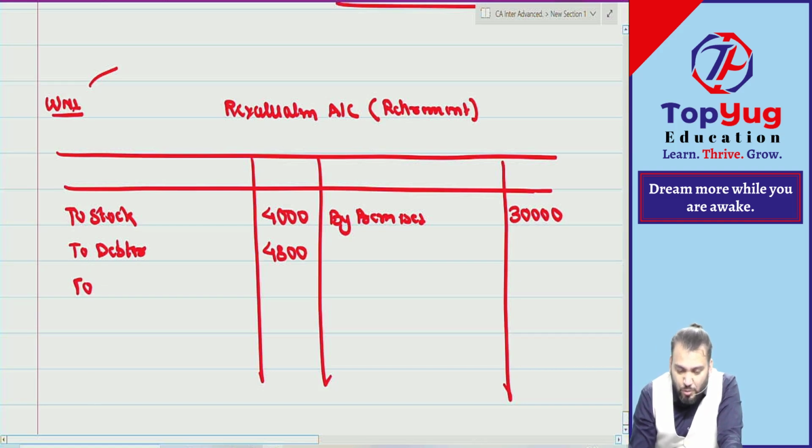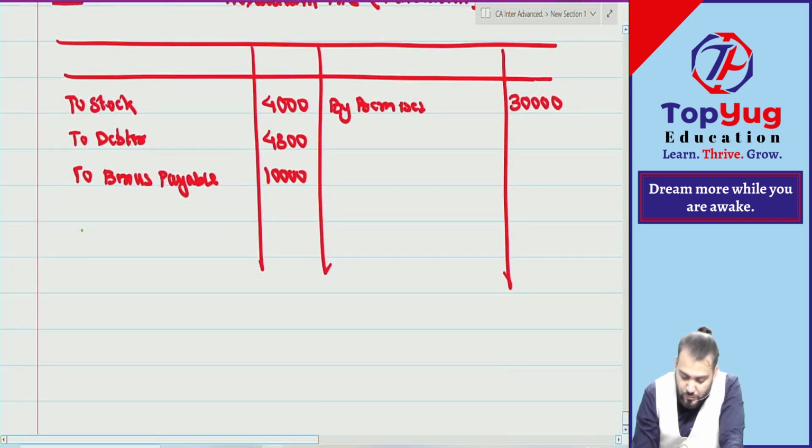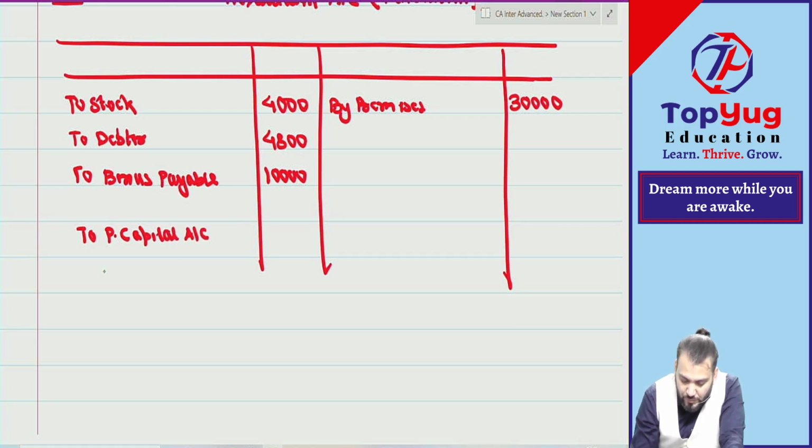Unrecorded liability means bonus payable. That is, bonus payable will be recorded. So an increase in liability means loss. How much? 10,000. What is the revaluation gain or loss? So it is a revaluation gain. It will be transferred to the partners' capital accounts. But which partners?